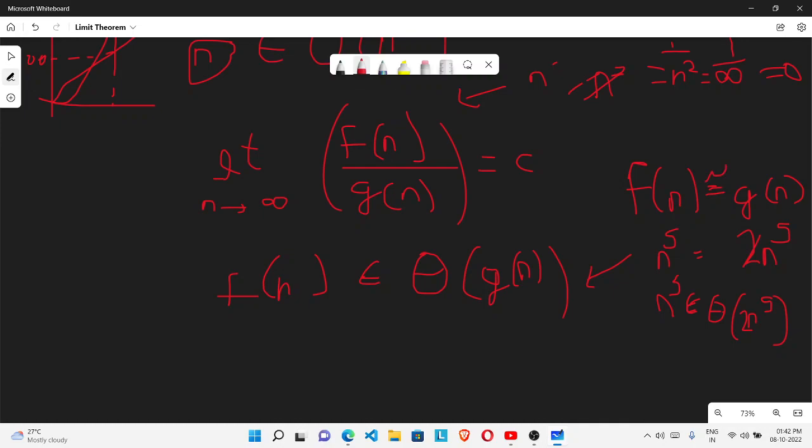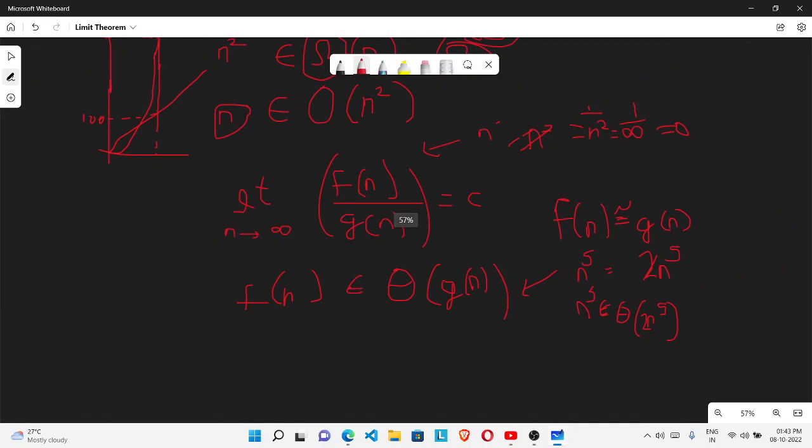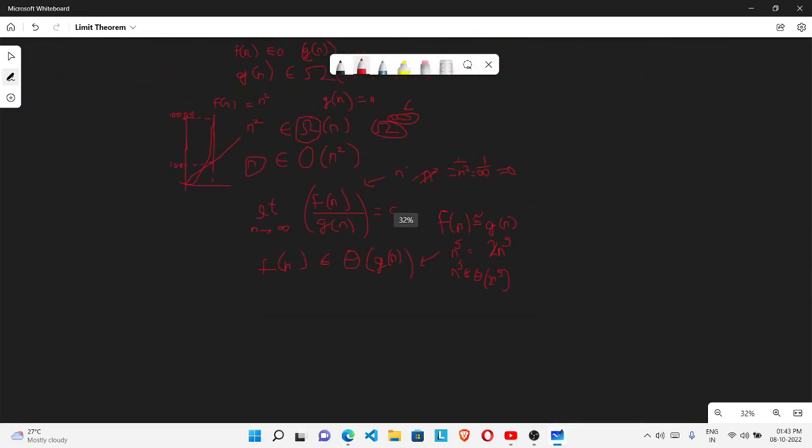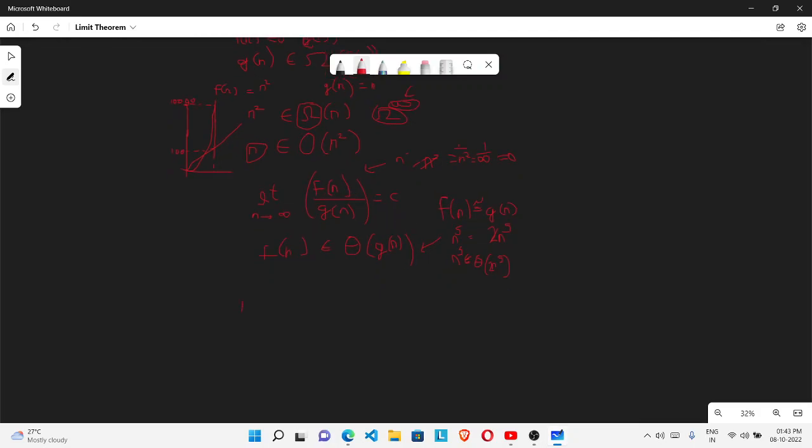So these were the three main classifications of the limit theorem. The important point to note over here is that if f of n is smaller than g of n, then what you'll get is 1 by infinity, which is 0.